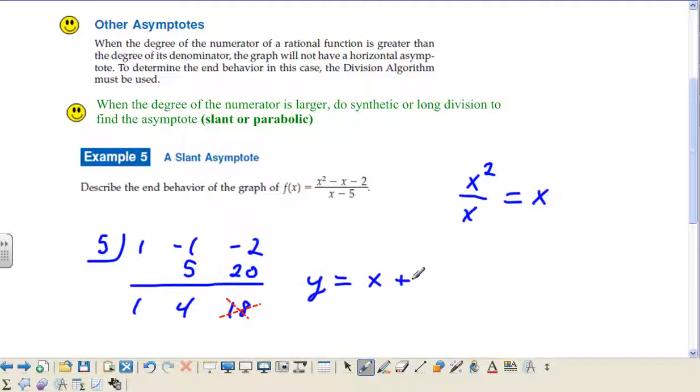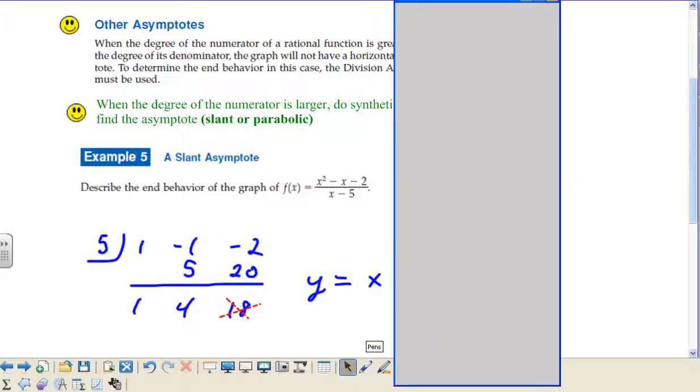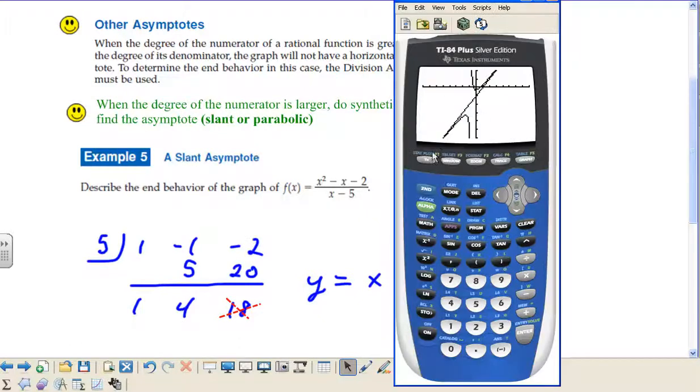Now let's graph this function. If we take our Smart View, our calculator, and actually graph this, we go to our y equals. Let's go ahead and clear this and start over. So we go alpha y equals, and we'll use our fraction.